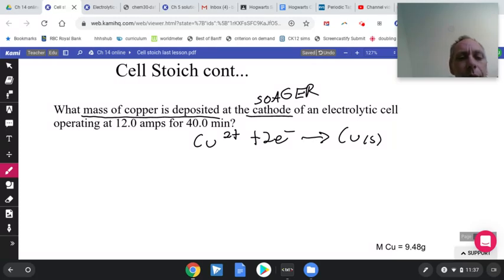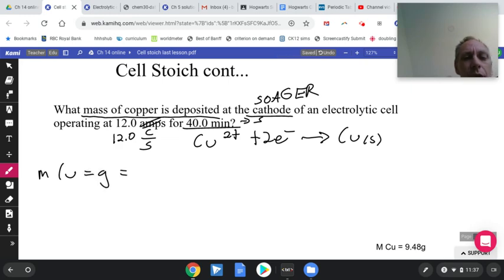You got 12 amps. Let's convert that to coulombs per second. 40 minutes, so that's going to get converted to seconds as well. Okay, what mass of copper? So mass of copper, so we're looking for grams. Where do I get grams from?